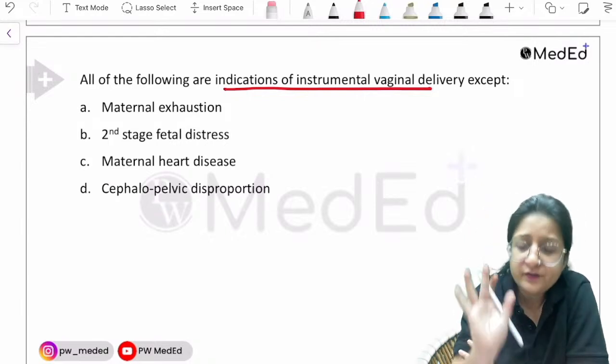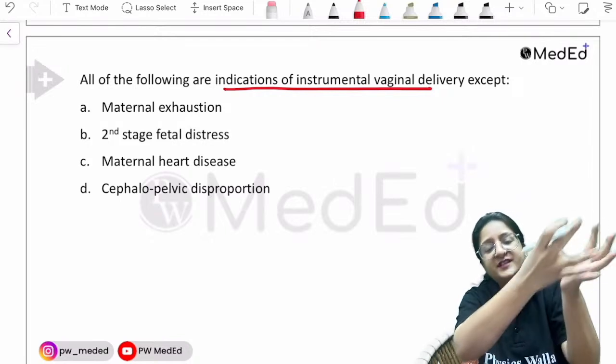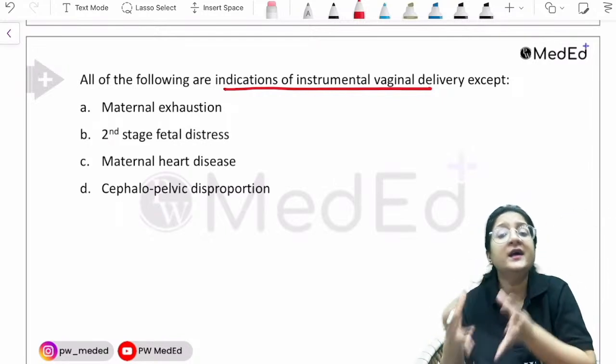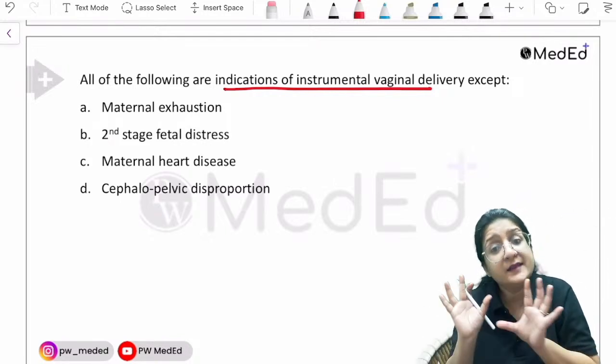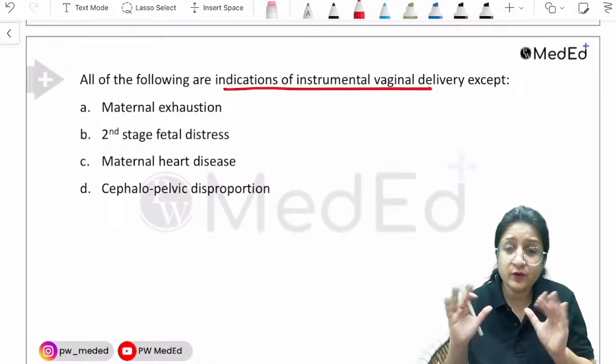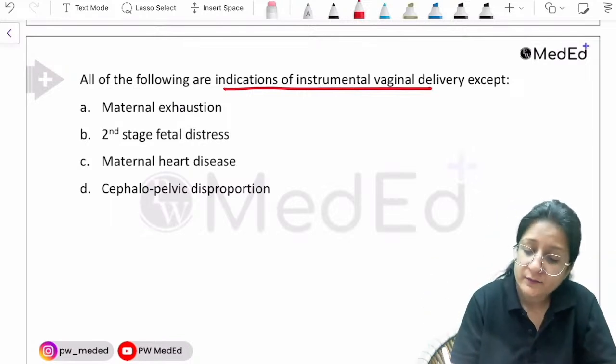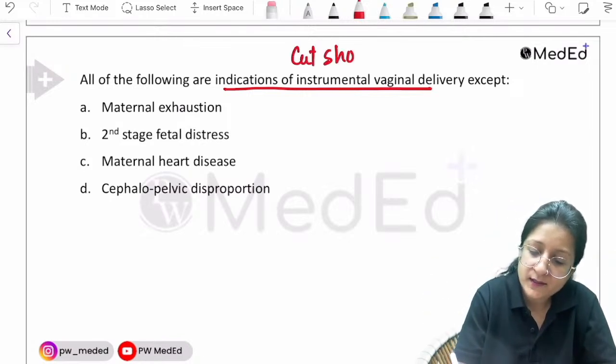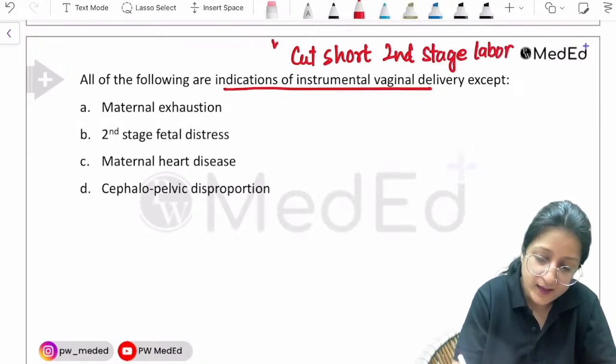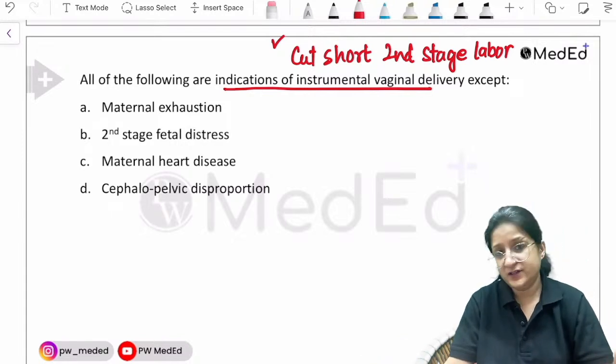Why would you want to put instruments and deliver the baby? Because we are in a hurry in the second stage of labor. We want to expedite delivery, so all in all, we want to cut short the second stage of labor. That is an indication for instrumental vaginal delivery.